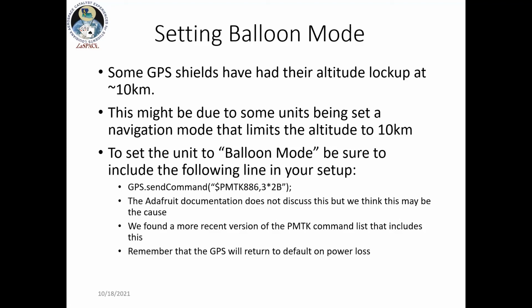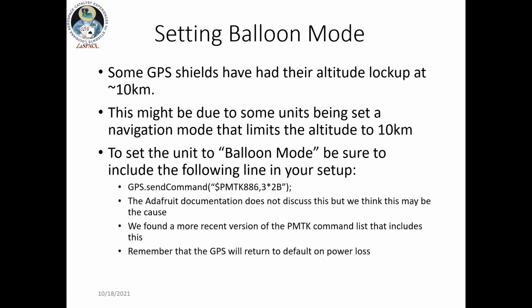So after doing a bunch of digging around into the data sheets, we found that there is a version of this unit that has a navigation mode select. It has ground mode, pedestrian mode, car mode, aircraft mode, and most importantly, a balloon mode.